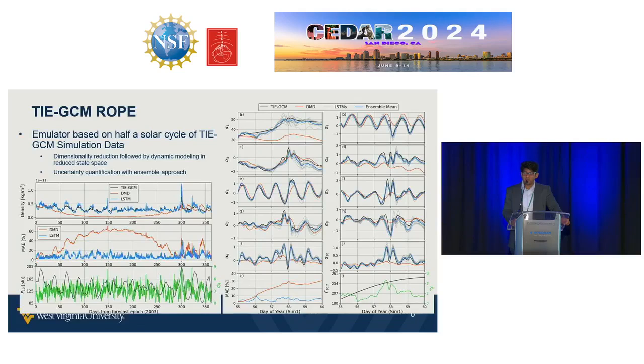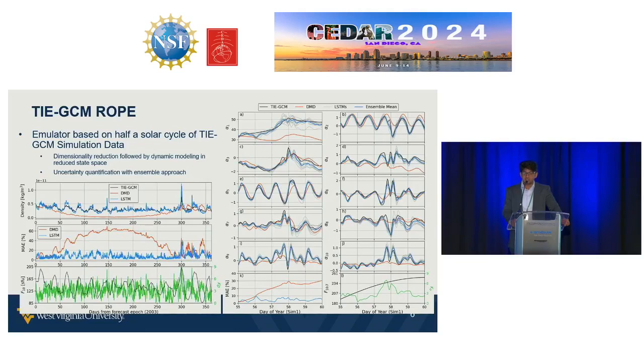So the bottom left plot is essentially taking the full model, the linear model, and the nonlinear model, giving it an initial state and drivers for the entire year, and comparing how the dynamic prediction works between the linear and the nonlinear reducer or emulator model. DMD, the red curve, is the linear model, blue is the nonlinear model, and black is the true TIE-GCM output from the full physics-based model run.